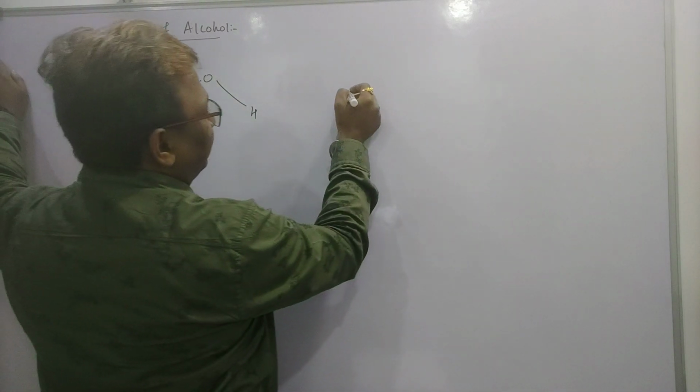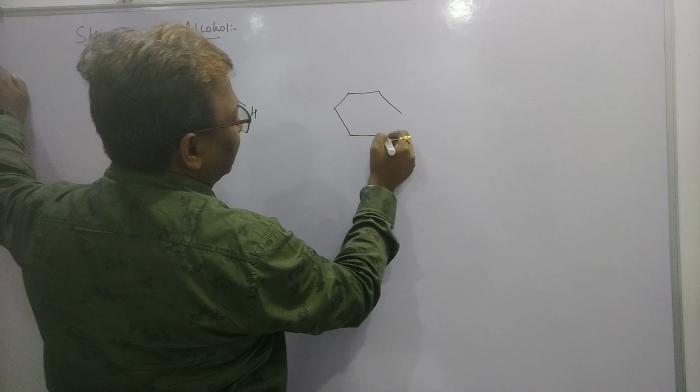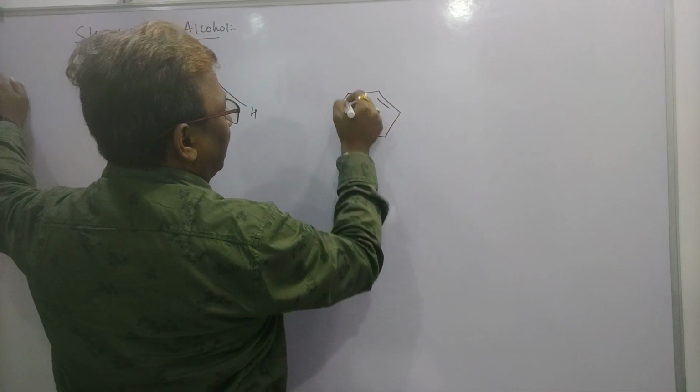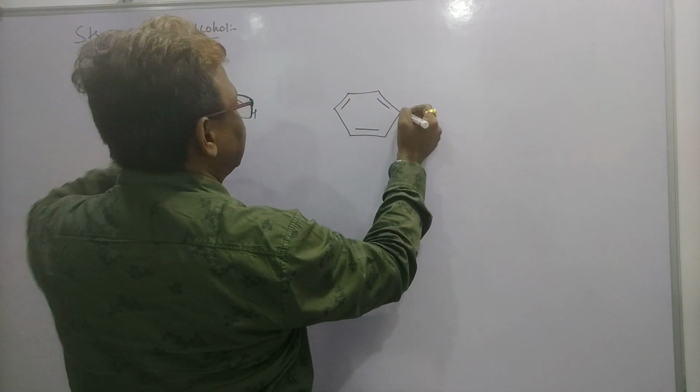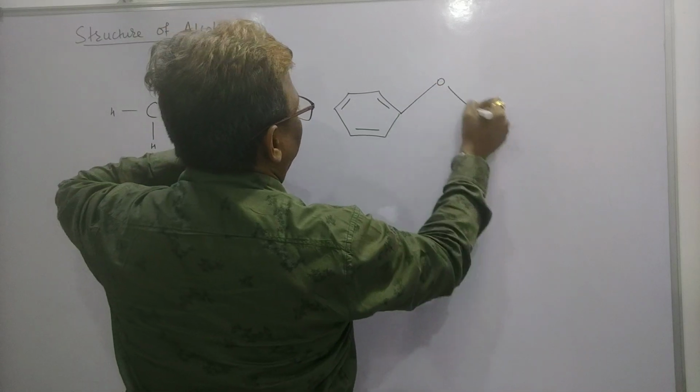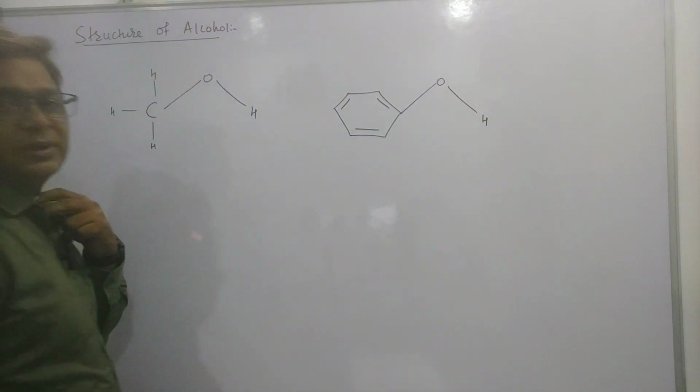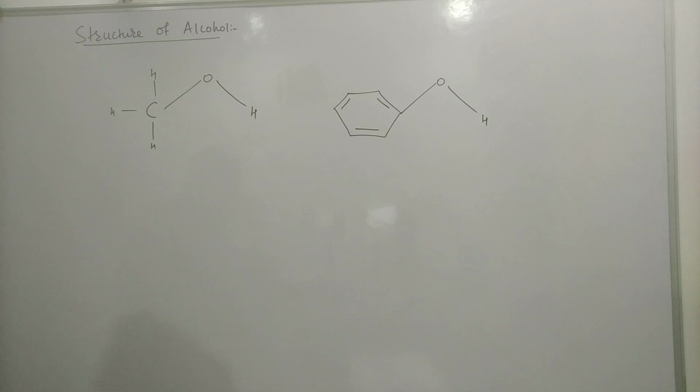But I'll show you phenol. This is a benzene ring having alternate pi bonds, right? And this is bonded with the OH group. One is a methanol, another one is a phenol.